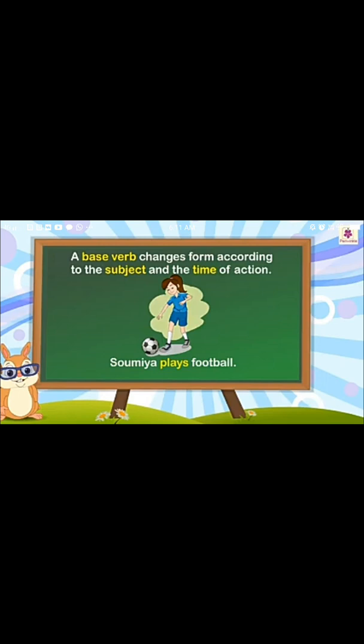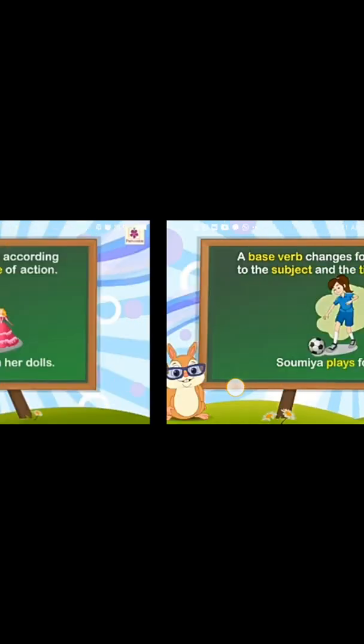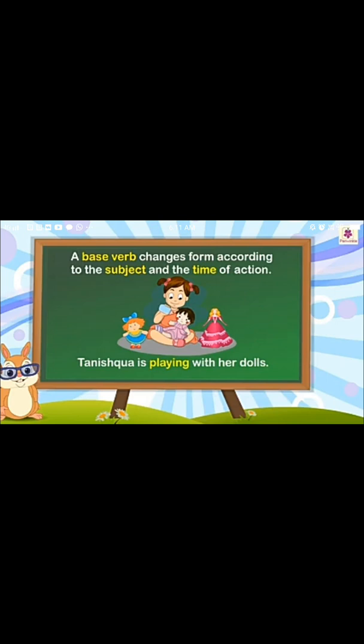If the action is in present time, then the verb will also be in present. If the action belongs to past time, then the verb will also belong to past time. In this way, see, Soumya plays football. So Soumya is single here, verb is also single, that is plays. Soumya plays football, and it belongs to which time of action? Present time of action.